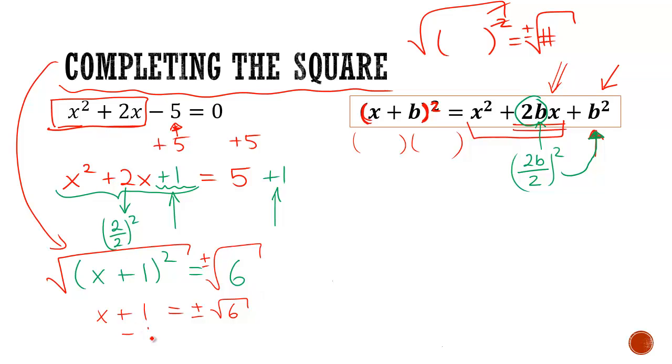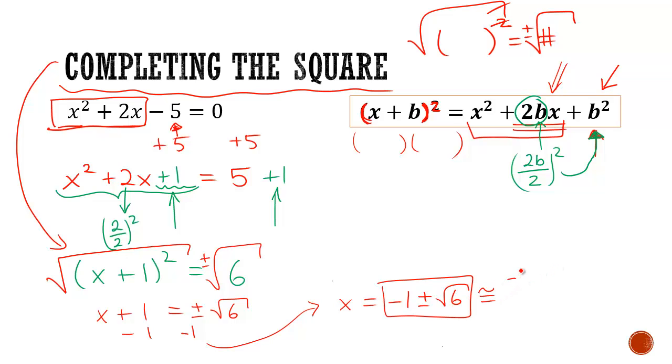We can subtract 1 from both sides, and we end up with x being equal to -1 plus or minus root 6. Now you could leave this answer. You could also simplify and find the approximate numbers by typing in -1 plus root 6 on your calculator and then -1 minus root 6 and getting the decimal equivalents.